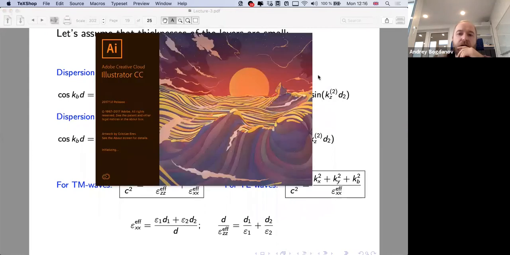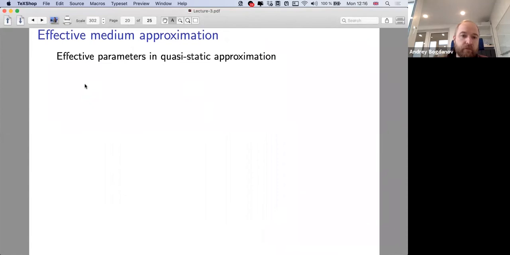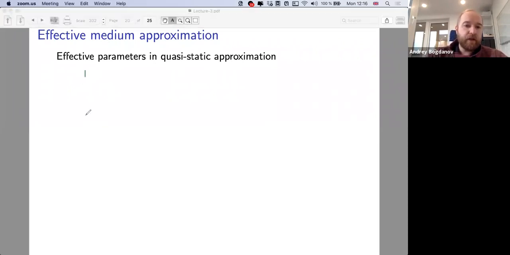But I think I can plot something here, yeah, guys? Let me do this. Could I annotate? Okay, I can annotate. Okay, draw. Let's imagine that I have a capacitor here and here.